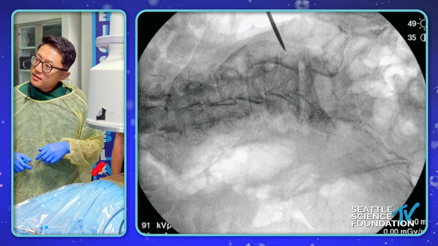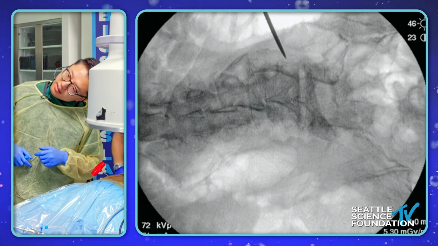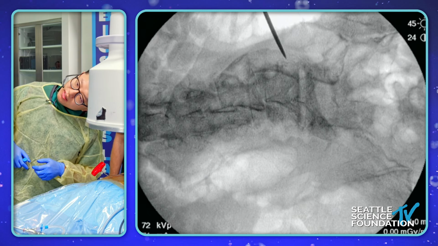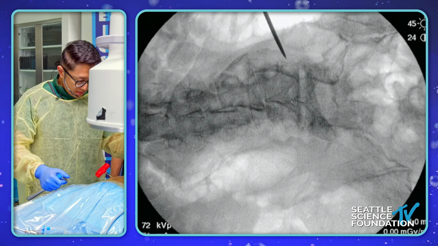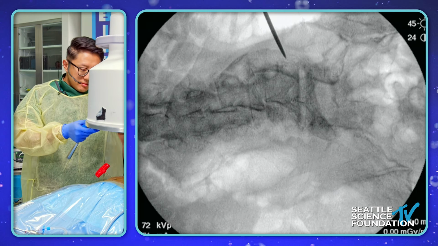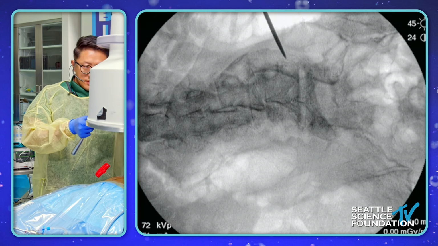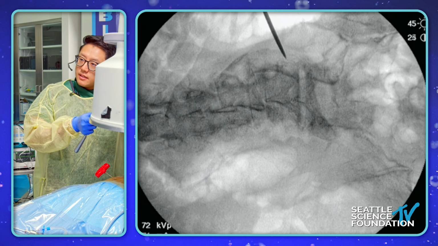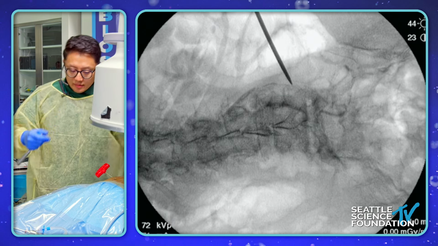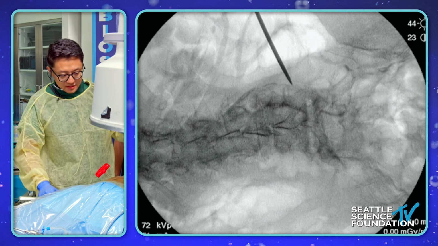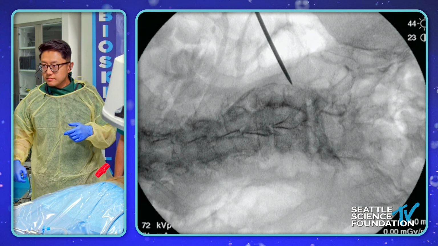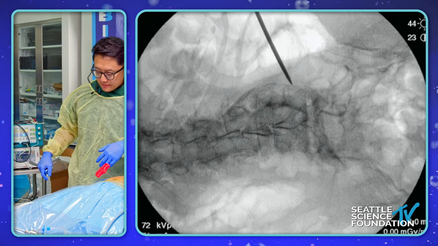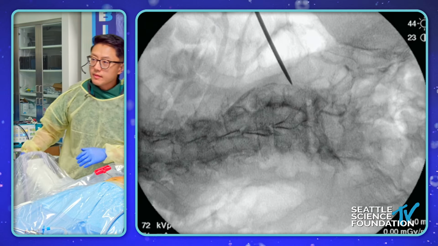Let's see another shot there. Why don't you arc that way a little bit more? Yeah, one more shot there. Okay. Yeah, I mean, it is what it is, about as good as we're going to get. Let's go back to lateral. But that's a much better AP, right? Did you do a lot of arc or not? Not much.